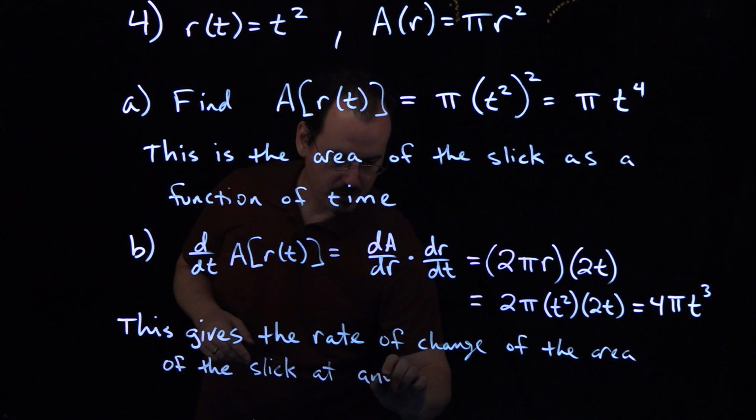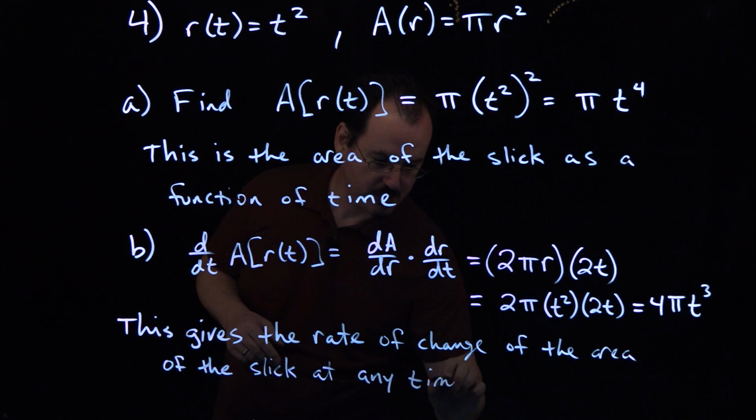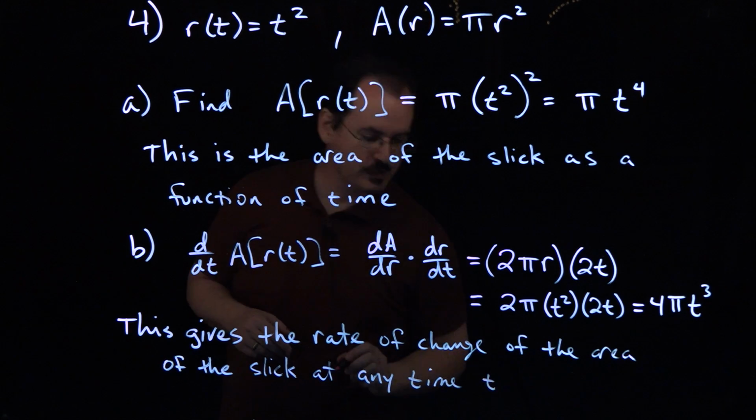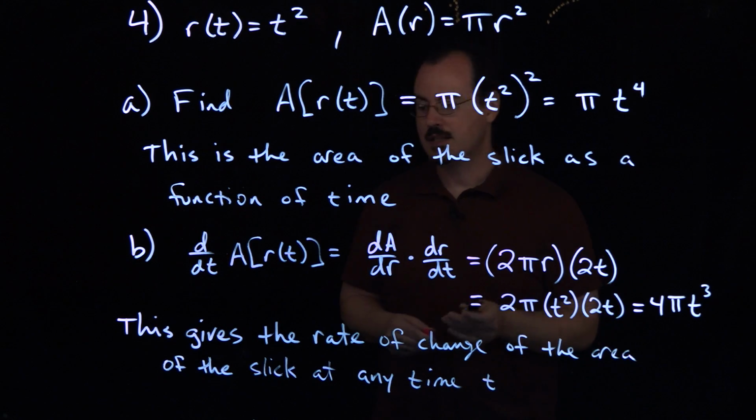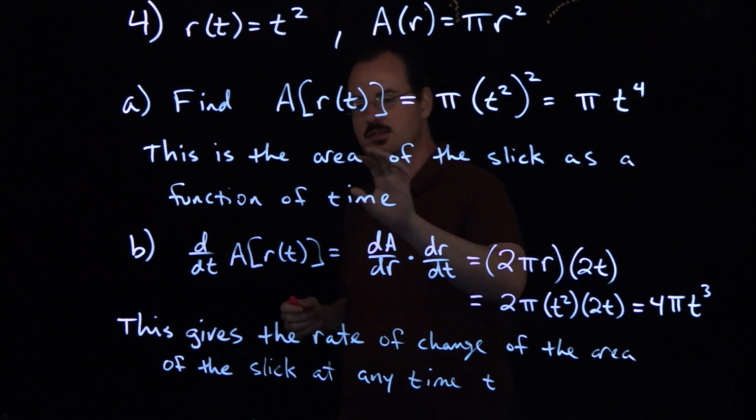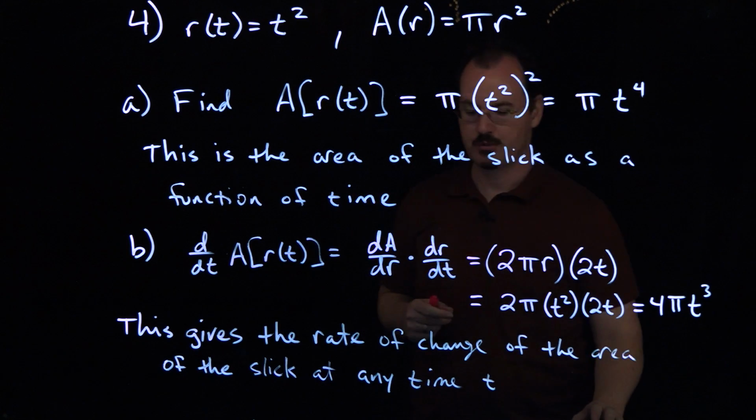And really what we want to always remember about derivatives is that they always represent a rate of change. That's what a derivative is. So in this case, it's the rate of change of the area of this oil slick with respect to time.